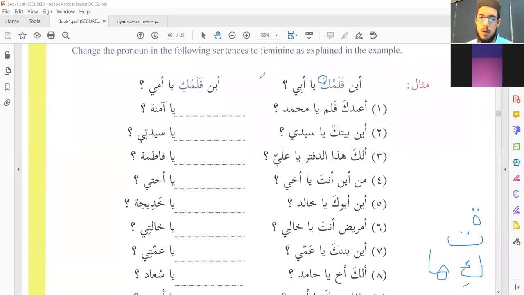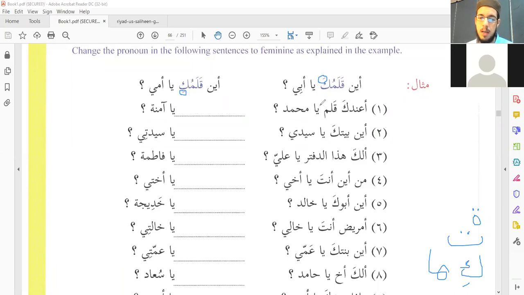Now they're going to spot you the feminine person, and all you have to do is change the question to reflect the feminine pronoun. So instead of أين قلمك, now it's أين قلمك يا أمي.